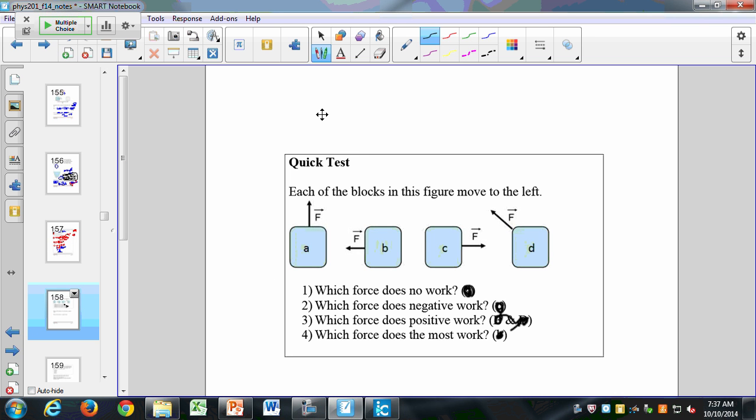Right. I'm sorry. Okay, so each of the blocks in this figure moves to the left. Now remember, our work is equal to F dot D, and the dot product is defined as the magnitude of the first vector times the magnitude of the second vector times the cosine of the angle theta.